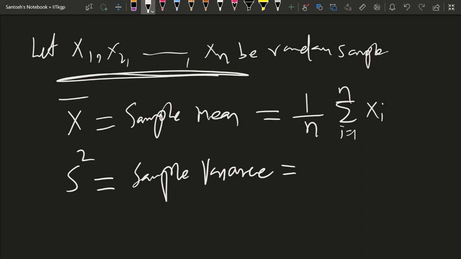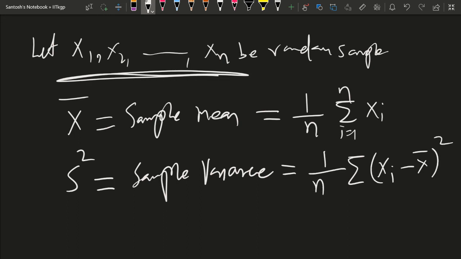And what is the meaning of S square? Mathematically, what is S square? The summation of Xi minus X bar whole square divided by n minus 1.